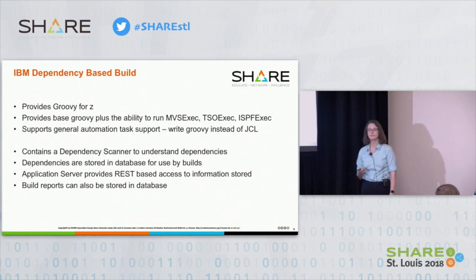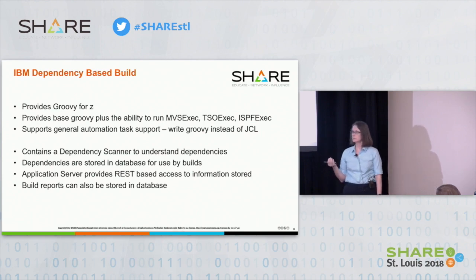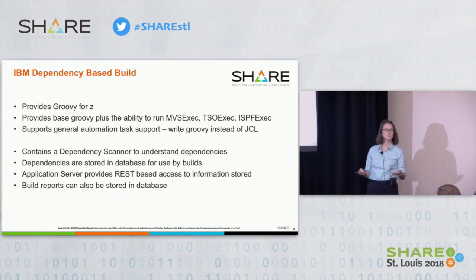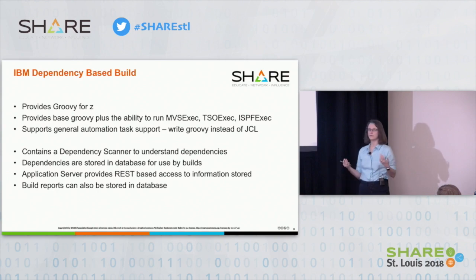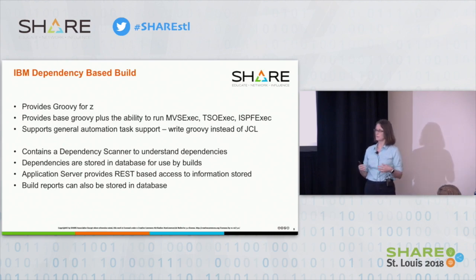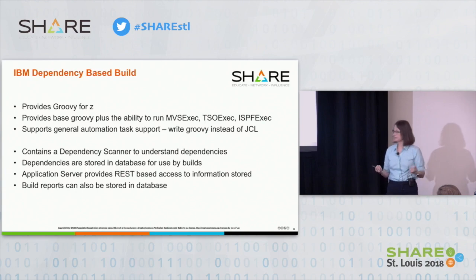So we also have a dependency scanner. One of the key critical components with COBOL, PL1, assembler, is you need to know your dependencies. What are your includes? For example, with COBOL, what are your copybooks? What are those other files I need? So we have a dependency scanner. We have the ability to store build reports, so you can create a build report and store it in the database.